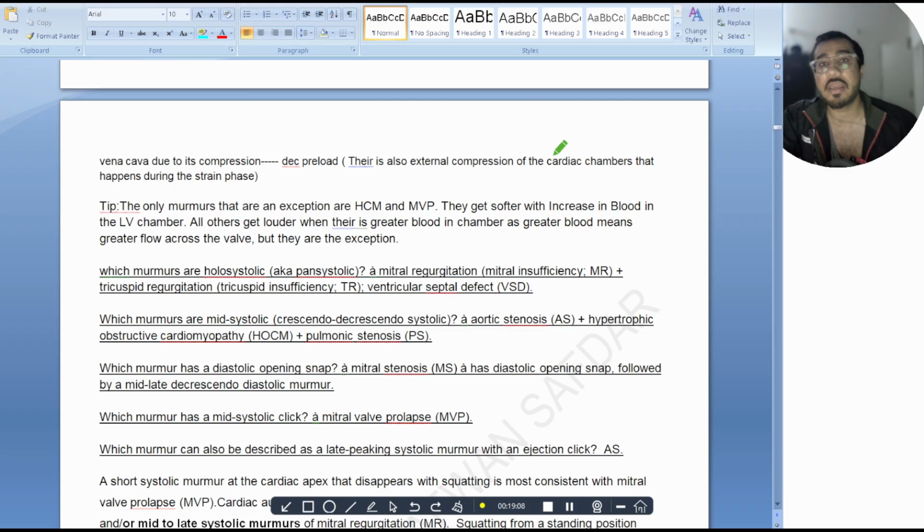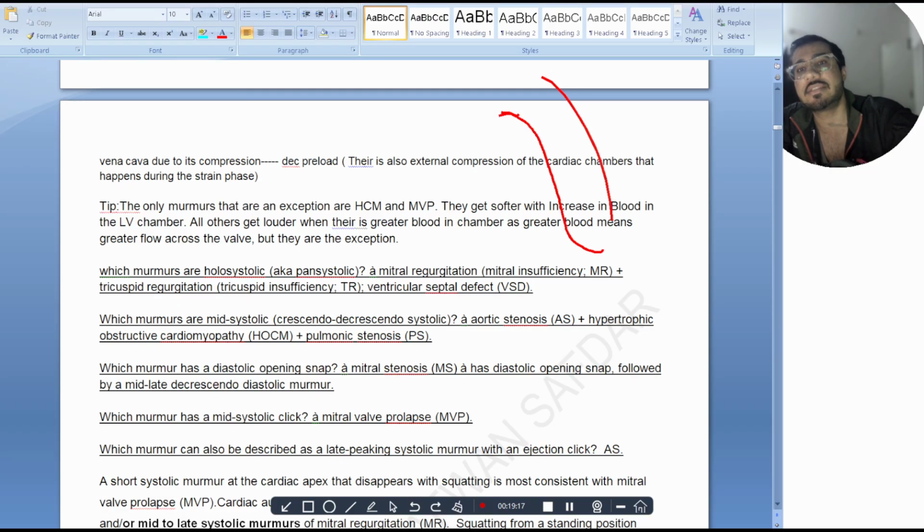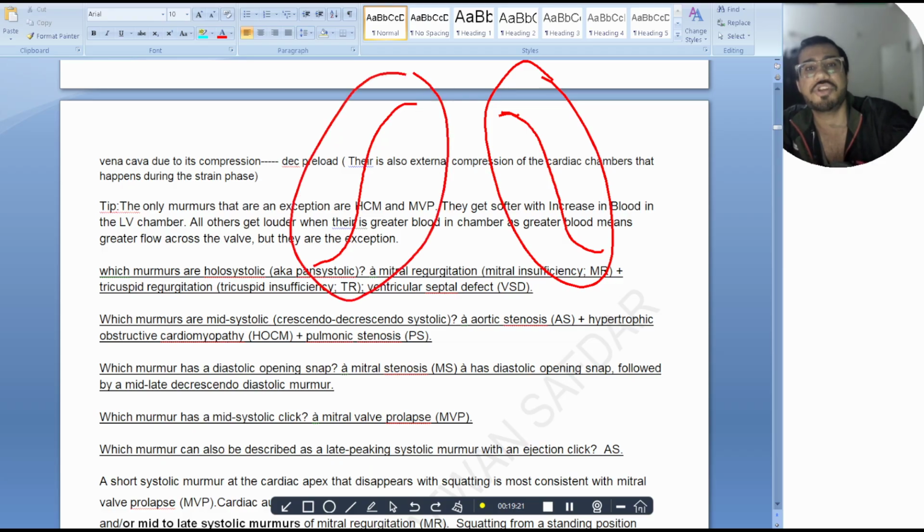Decrescendo means the sound of the murmur is going to be maximum at the start and then it's going to decrease. This part is called decrescendo and the upgoing part is called crescendo. So if they mention decrescendo only, it means it's louder at the start and then slowly gets softer. If they mention crescendo, it's softer at the start, gets louder at the end.